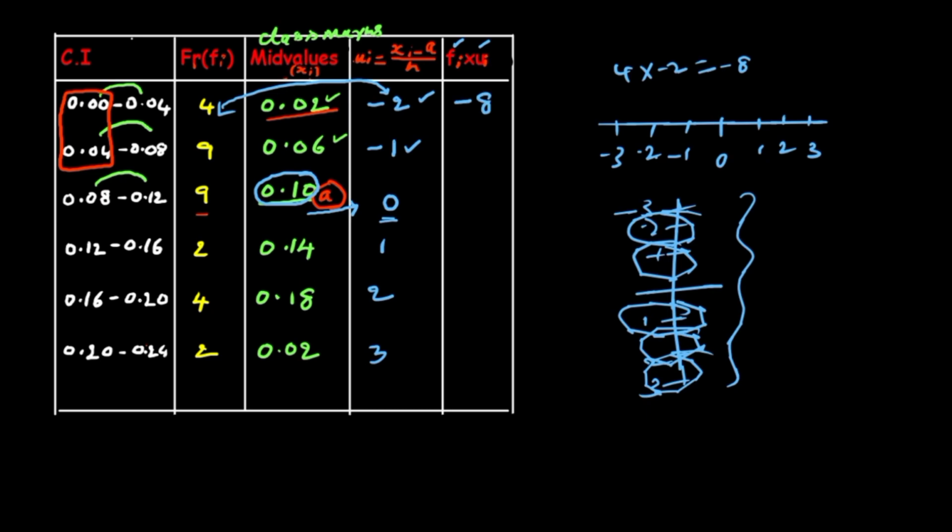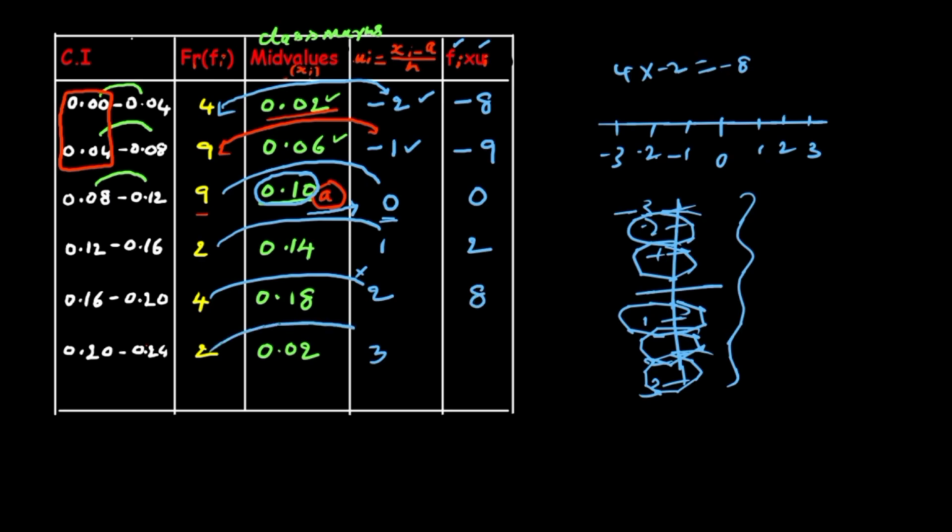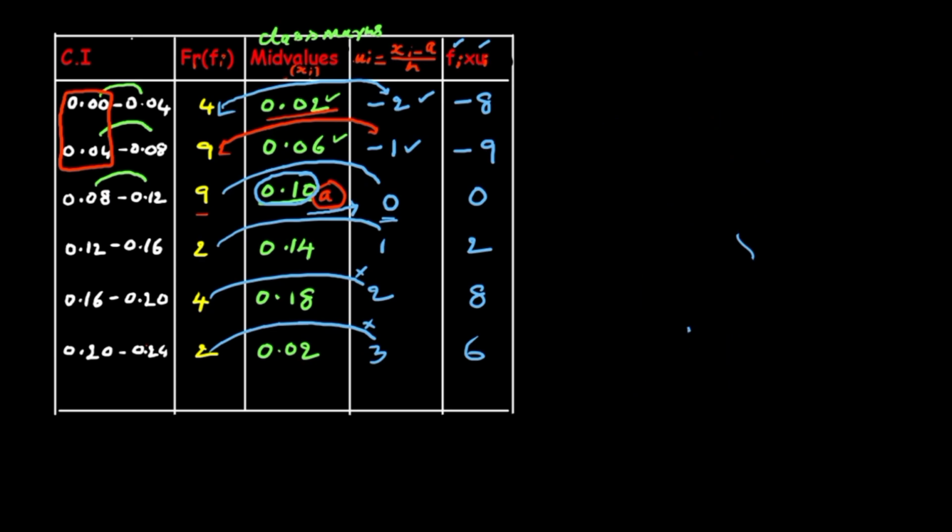The next one, you multiply these two: 9 into minus 1 is equal to minus 9. 9 zeros are 0, 2 ones are 2, 4 into 2 is equal to 8, and 2 into 3 is equal to 6. So here it is, the fi ui.